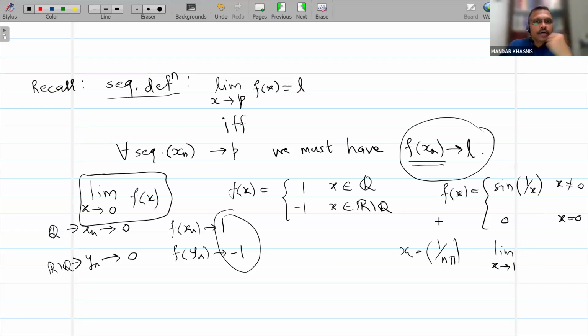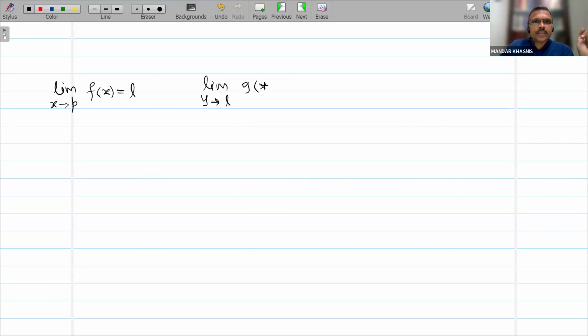Moving ahead, I want to ask one more question. Suppose the limit as x goes to p of f of x is L. Now I have another limit, as y goes to L of g of y, and that is m.